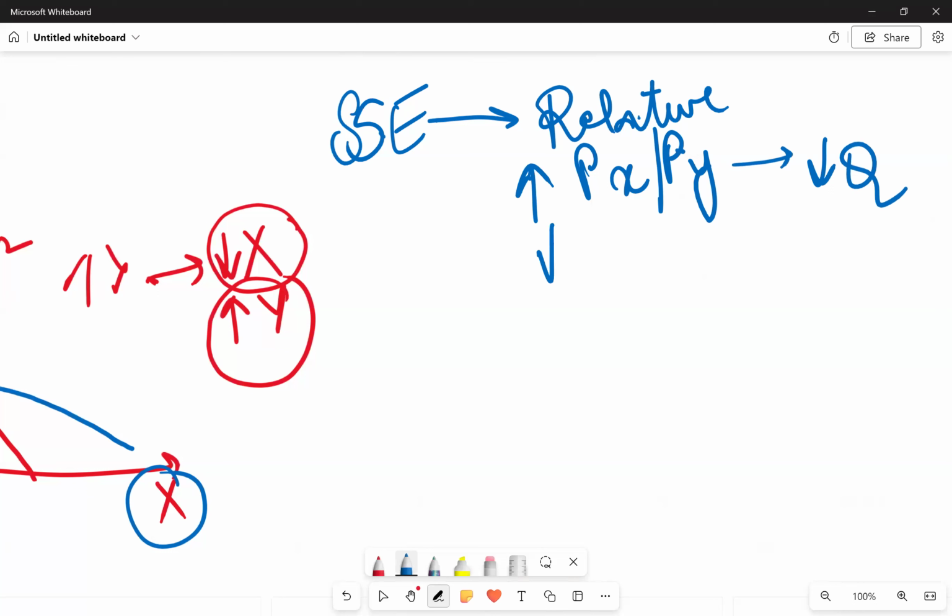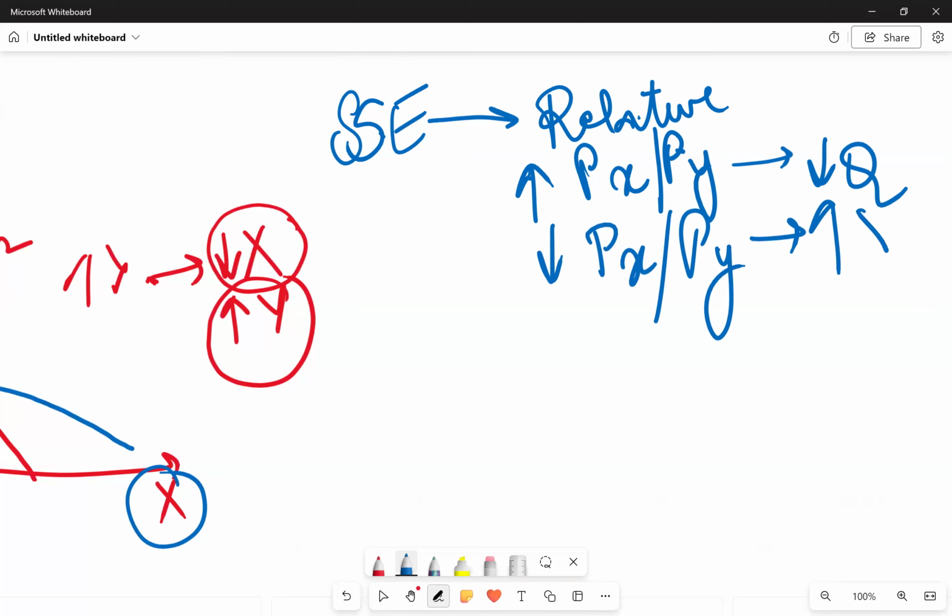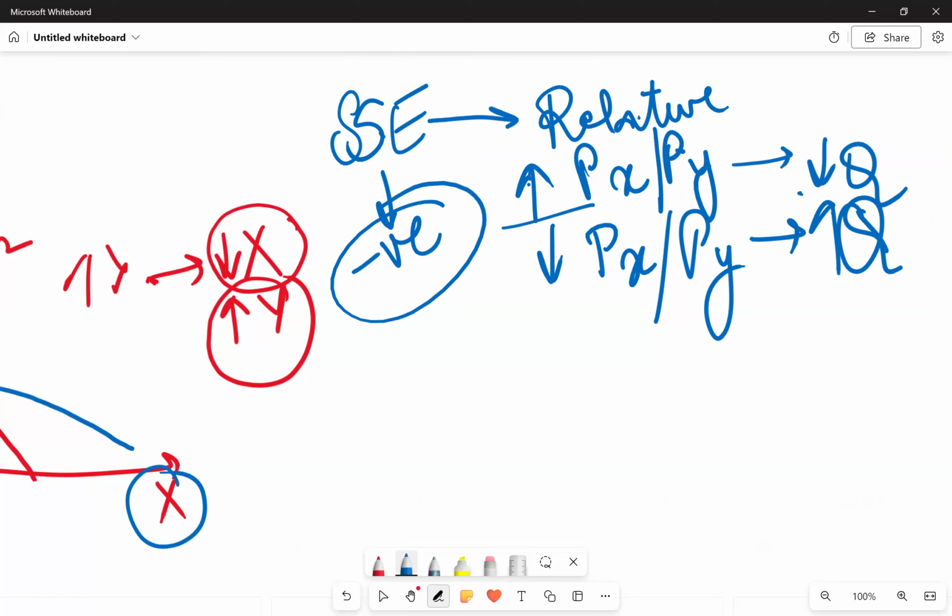And a fall in relative price would mean that your good has become cheaper, which will lead to a rise in quantity demanded. Okay, so we will always say that substitution effect will always be negative, in the sense that it will always show an inverse relationship between relative prices and quantity demanded.